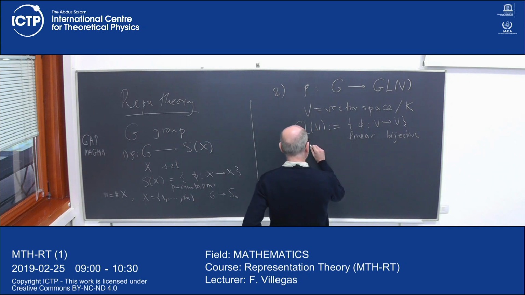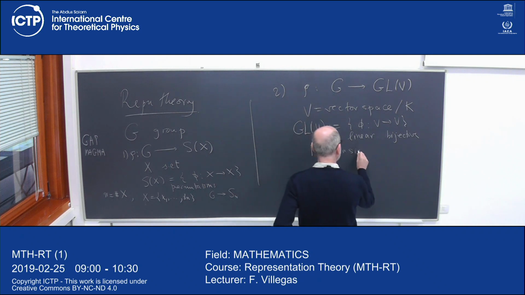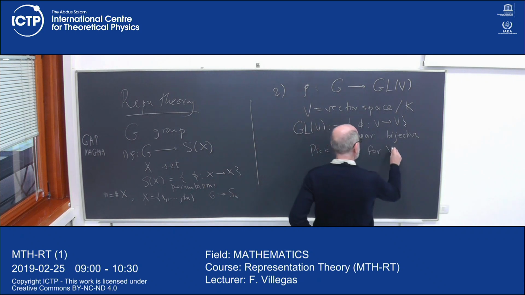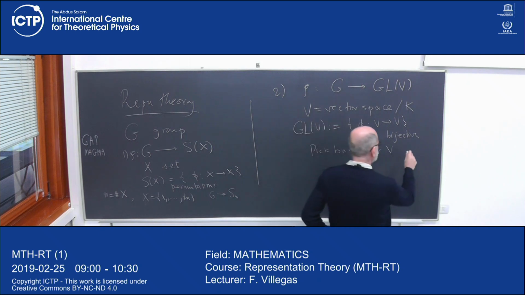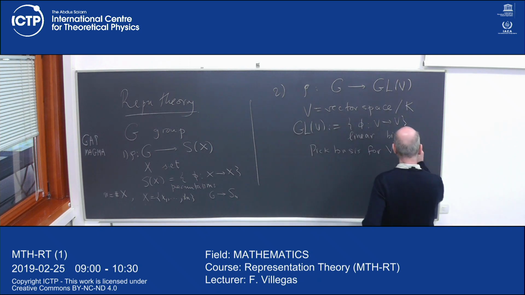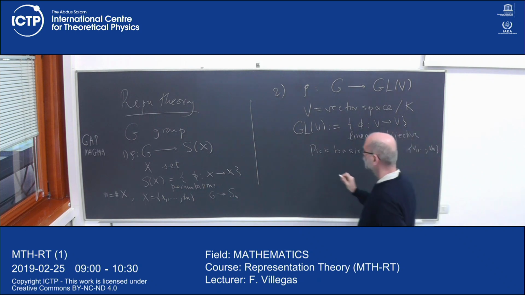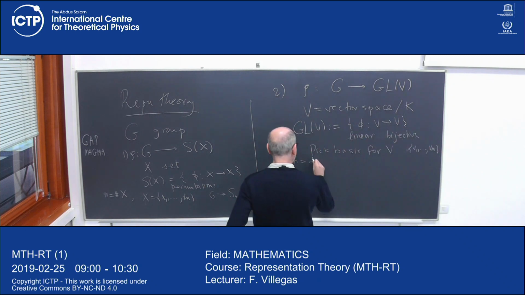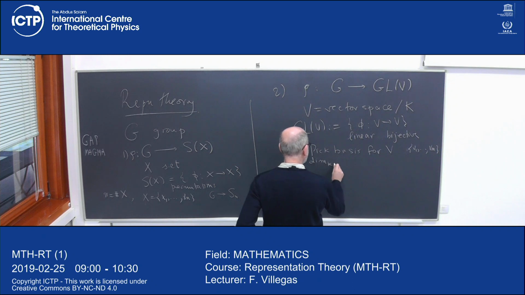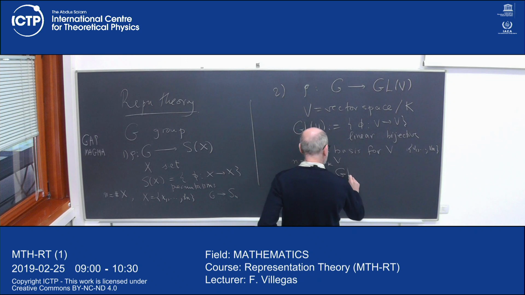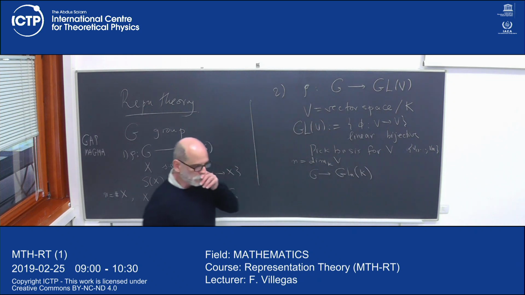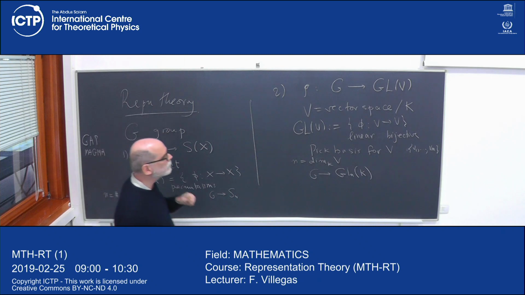And here, if you pick a basis for your vector space, say v1 up to vn, if n is a finite dimension, then this map you can identify with the n by n invertible matrices.